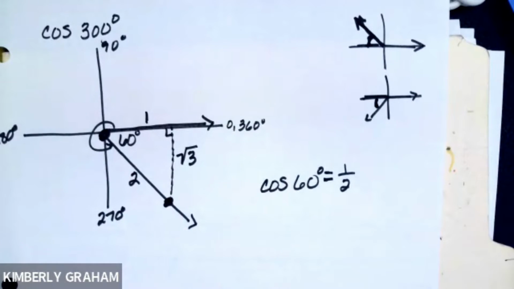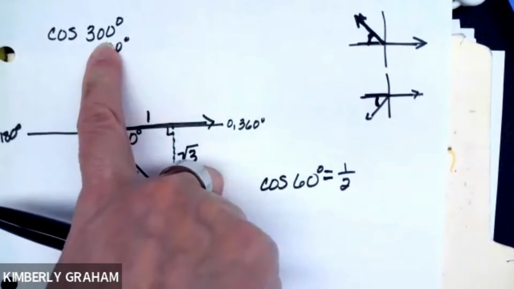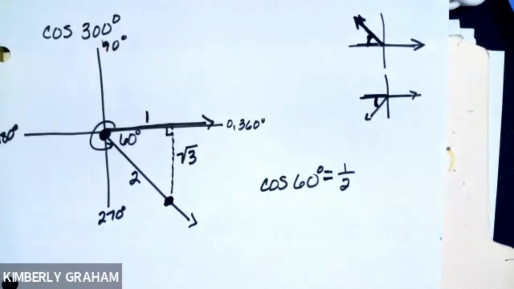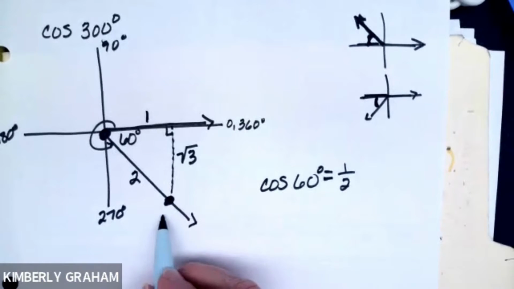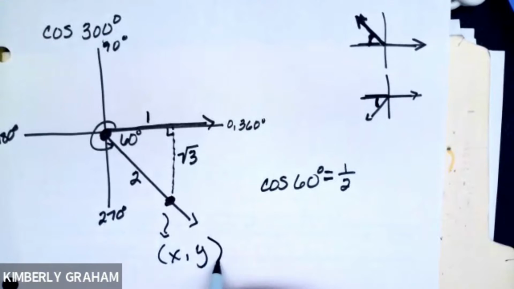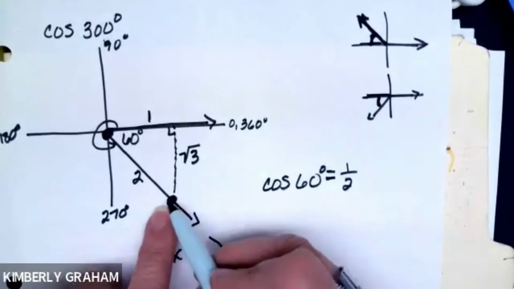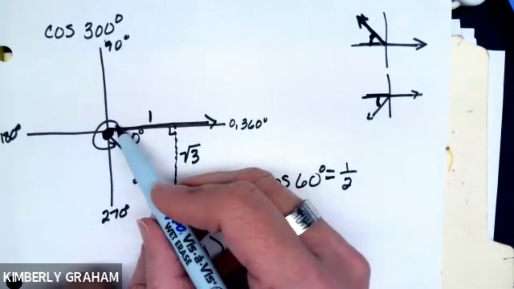But I want to somehow relate this cosine of 60 degrees to the cosine of 300. That's really what I want. Let's look at this point here, (X, Y). The X coordinate for this point is 1.